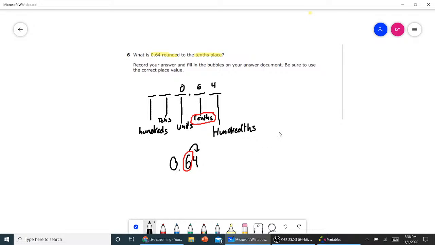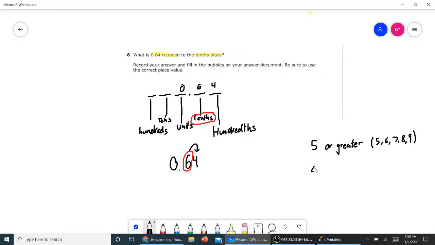It's a tongue twister, but in simple terms, if the number after the 10th place is 5 or greater, so like 5, 6, 7, 8, or 9, then you make this 6 go up to a 7.